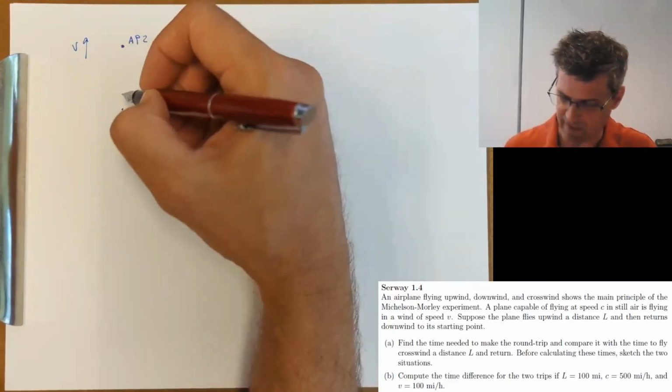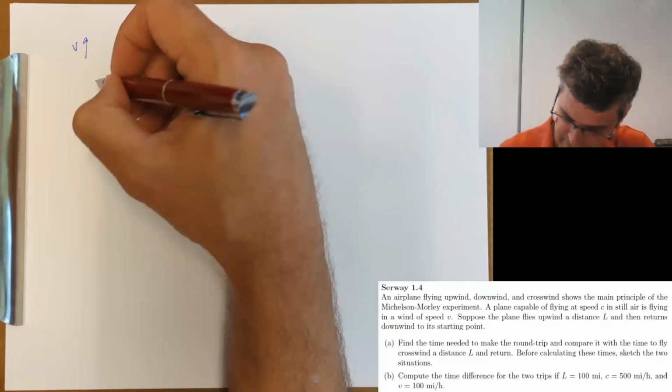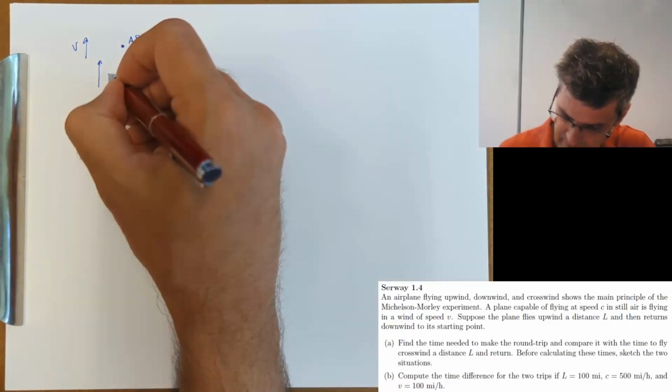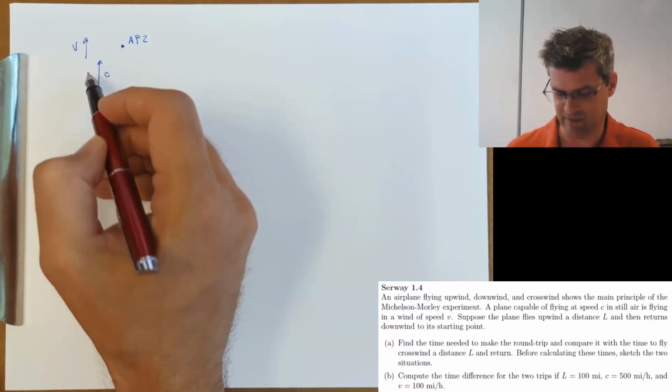So we could actually have our airplane moving at c upwind initially.